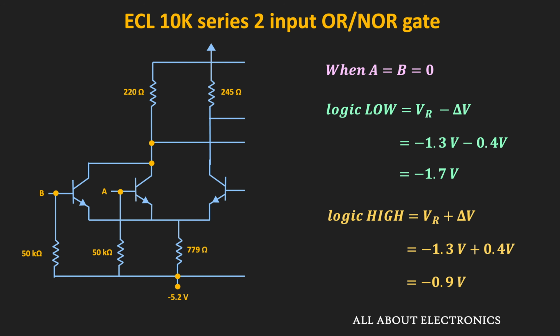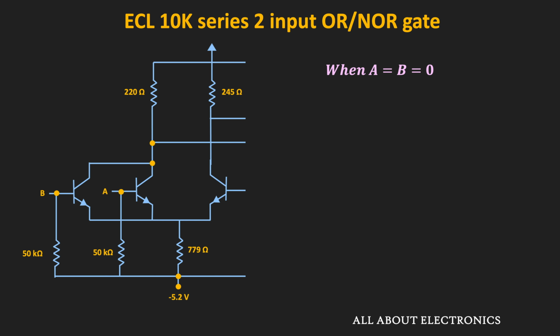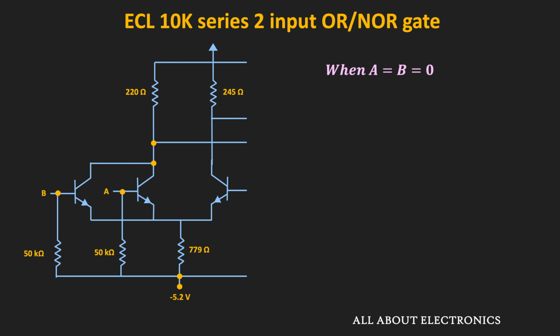Here, first let us see how the circuit behaves when both A and B inputs are minus 1.7 volt. Let's say these three transistors are Q1, Q2 and Q3. Whenever both A and B inputs are logic low, or around minus 1.7 volt, at that time Q1 and Q2 will remain in the off condition and the entire current will flow through the Q3 transistor.